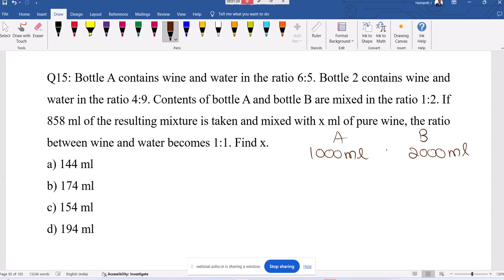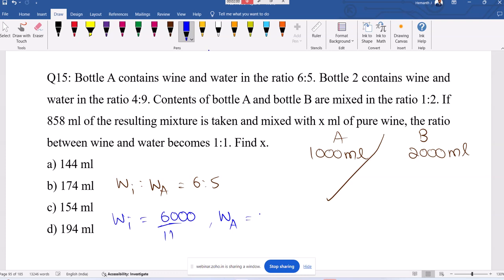1 liter, 2 liters, A and B. In A, wine and water is 6:5. So 6 plus 5 is 11, and 11 should become 1000. So wine will be 6 divided by 11 into 1000, or 6000 divided by 11.